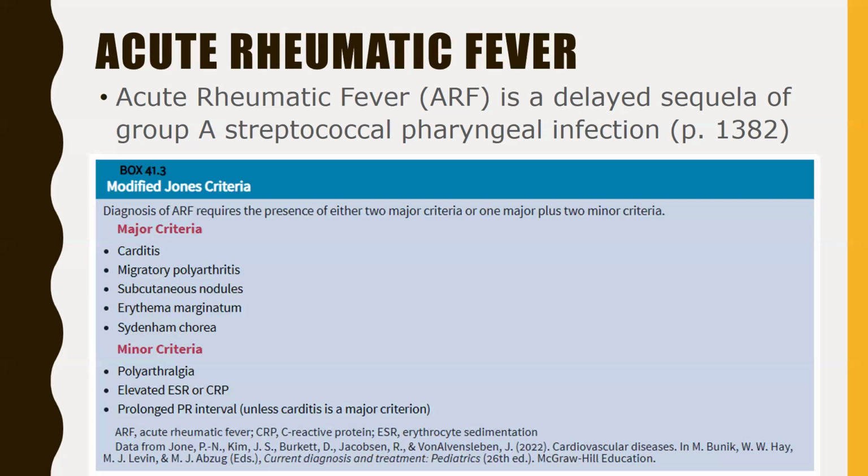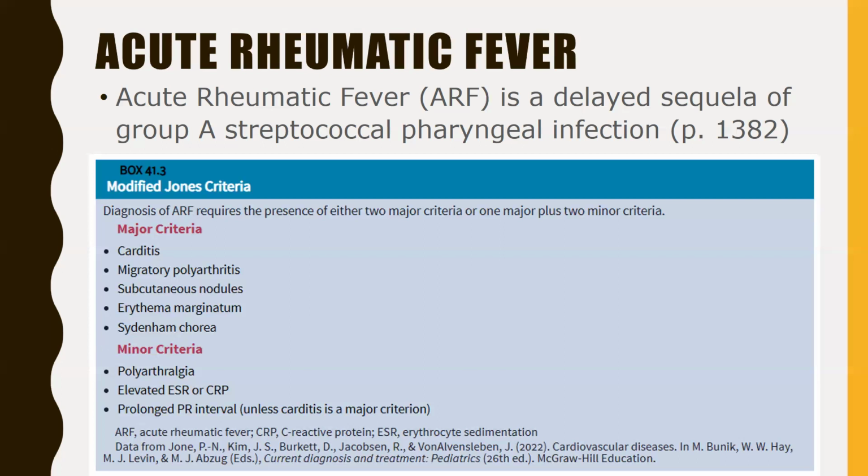In order to be diagnosed with acute rheumatic fever, the child needs to have the presence of at least 2 major criteria or 1 major plus 2 minor criteria. So under major criteria, it's carditis, migratory polyarthritis, subcutaneous nodules, erythema marginatum, Sydenham chorea.